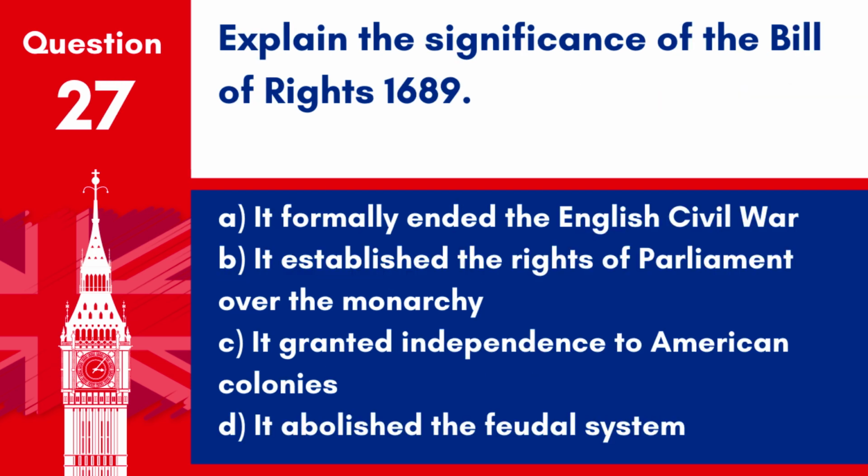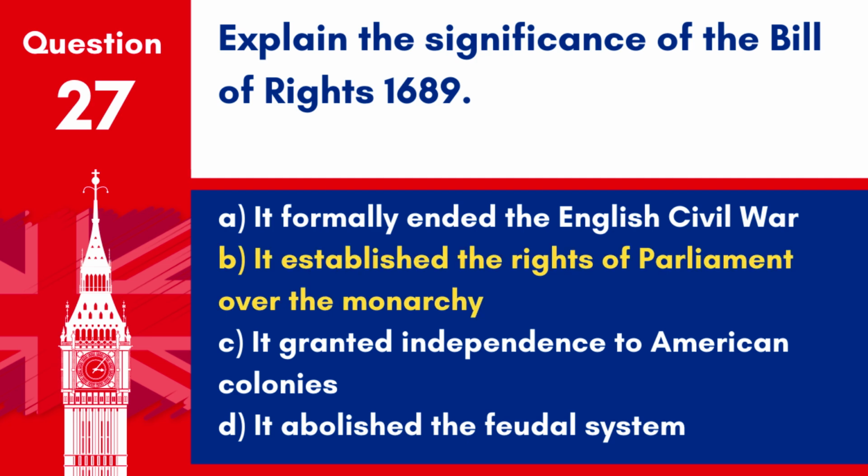Question 27. Explain the significance of the Bill of Rights 1689. A. It formally ended the English Civil War. B. It established the rights of Parliament over the monarchy. C. It granted independence to American colonies. D. It abolished the feudal system.